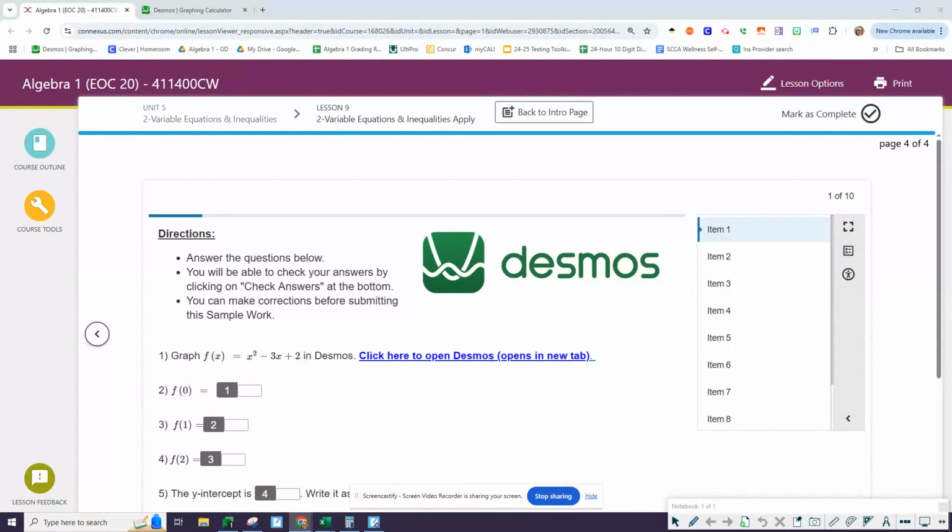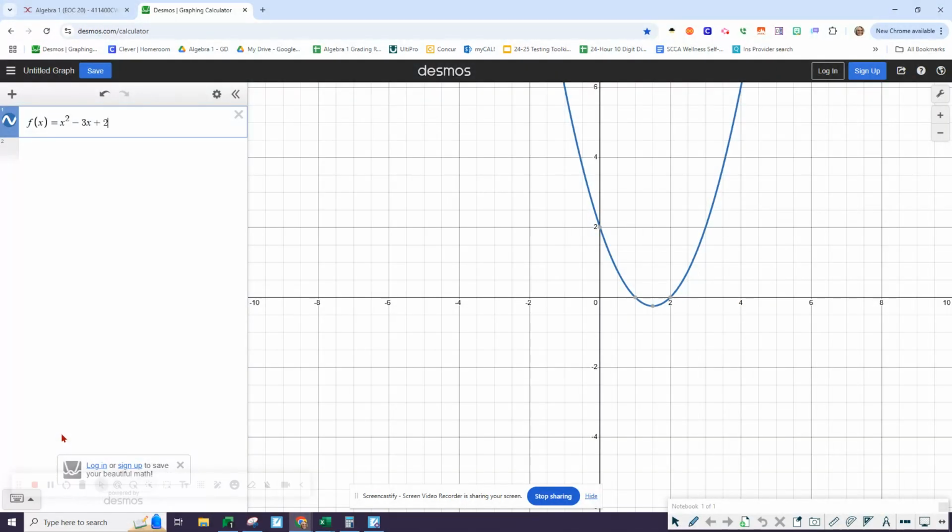All right, so on question 1, you've graphed the equation in Desmos. You said you have found the intercept, but you are not exactly sure what f of 0, f of 1, and f of 2 mean, and you don't know how to finish the question. Notice how the equation is in the form of f of x.